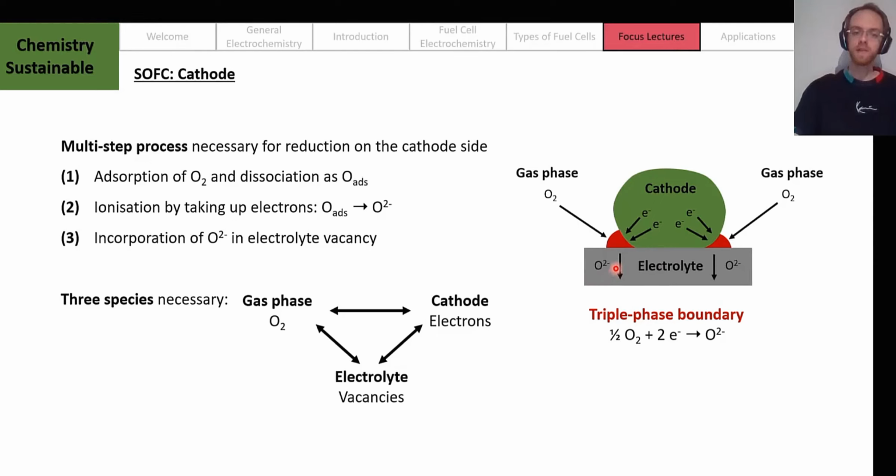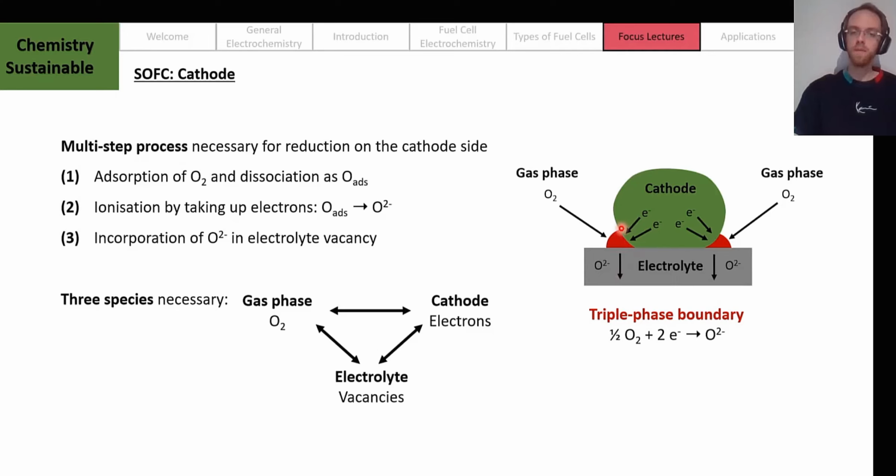So basically, this reaction can mostly take place at certain spots on your material, and this is where the gas phase, the cathode material, and the electrolyte meet. And this is why we call it triple phase boundary, because each of these components here is provided by one phase. As you see, and as we saw before, the oxygen is provided by the gas phase here, the electrons are provided via your cathode material, and the oxide ions are then taken from here to the electrolyte.